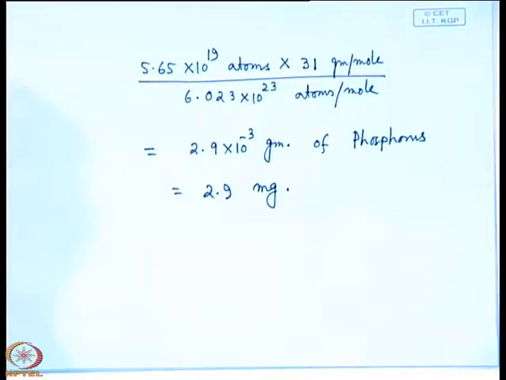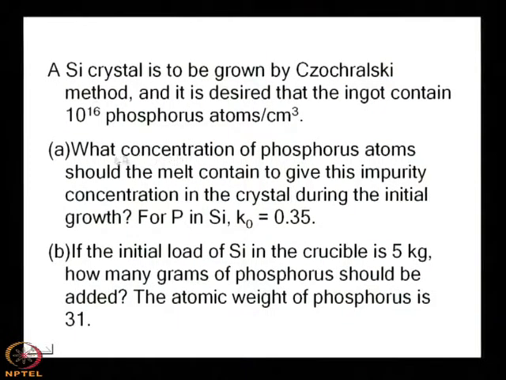Okay, you come to this problem. 10 to the power 16 phosphorus atoms were there, and the first thing is what concentration of phosphorus atoms should the melt contain. We have seen that it is 2.86 into 10 to the power 16, and finally, we see that only 2.9 milligram of phosphorus is to be added.